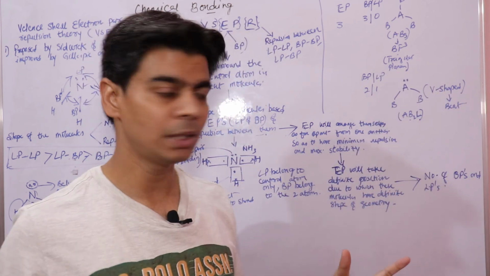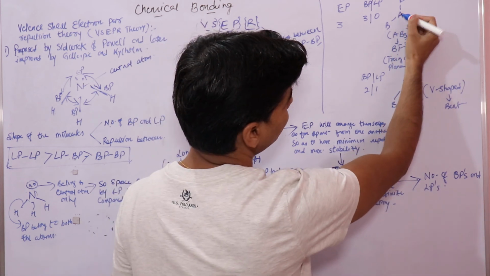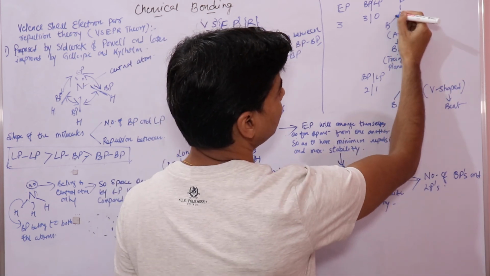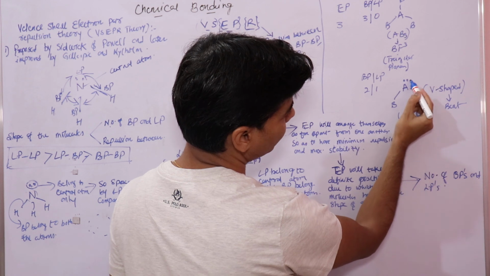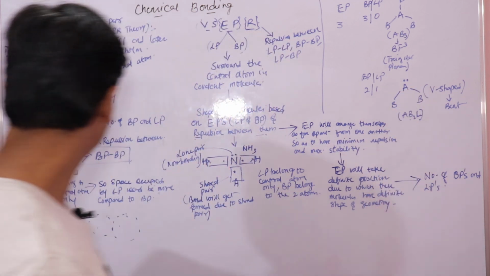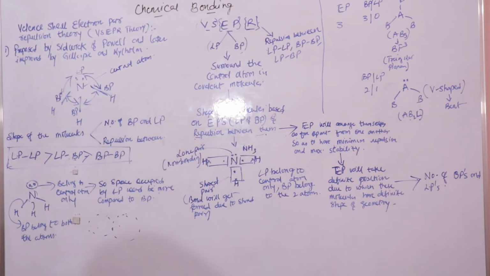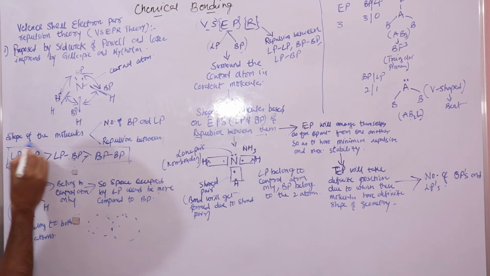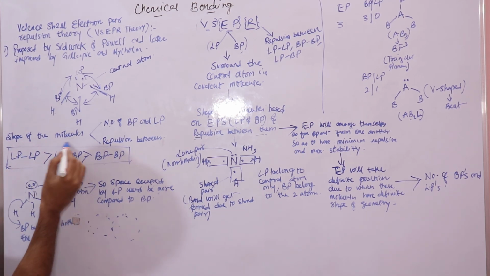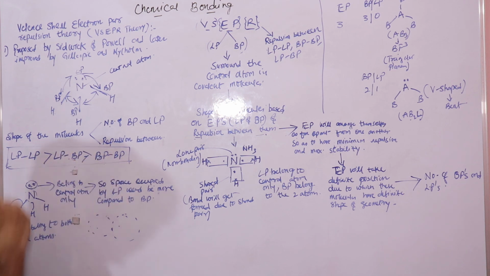Now why did it happen? You can see that this is triangular planar, right? This has a triangular shape. Now if I have 1 lone pair here, if you look at the sequence, the lone pair-lone pair repulsion is maximum, then lone pair-bond pair, then bond pair-bond pair.